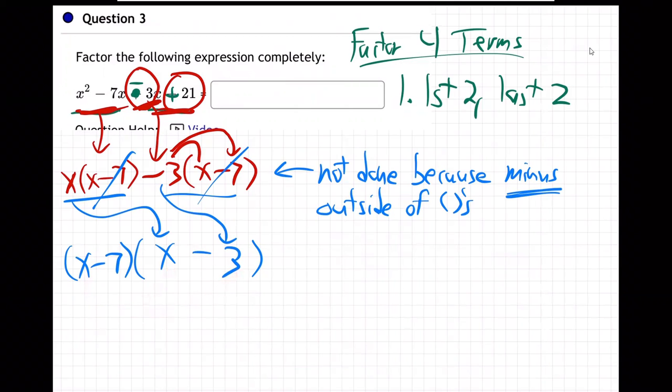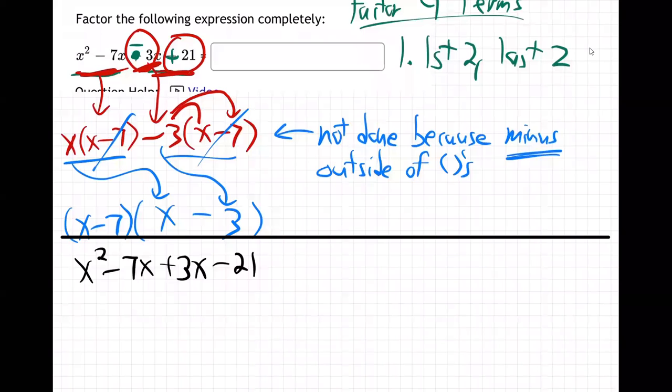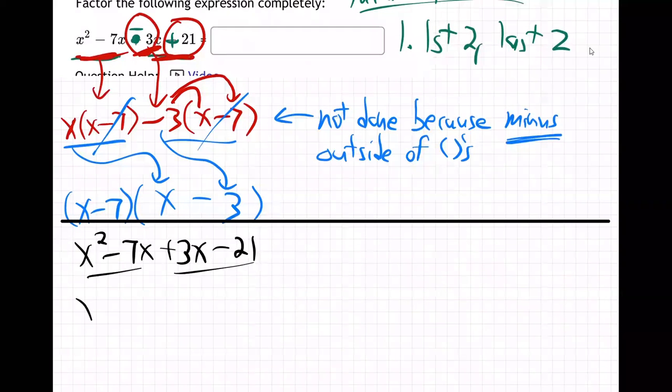Now let me change the problem. What if it had been the other way? What if it had been x squared minus 7x like the original, which was plus 3x minus 21. You could do the same thing. It's basically first 2, last 2, take out the x from the first 2, take out the 3 from the back 2.